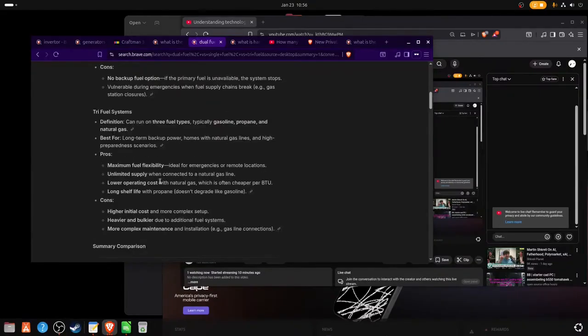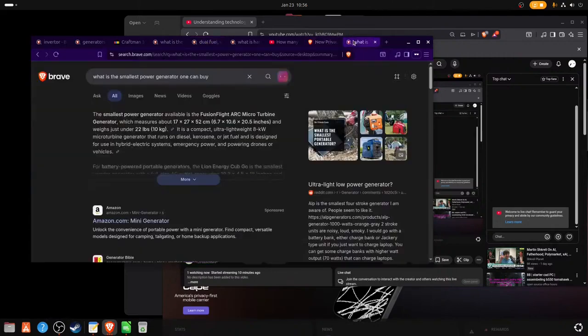Unlimited power supply, lower operating costs than gasoline, natural gas is often cheaper per BTU. Long shelf life with propane, doesn't degrade like gasoline. Cons: higher initial cost and more complex setup, heavier and bulkier due to additional fuel systems, more complex maintenance and installation. Okay, so after that, I don't know what I would want.